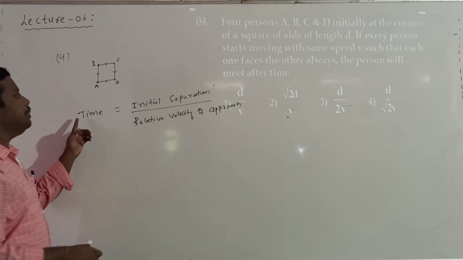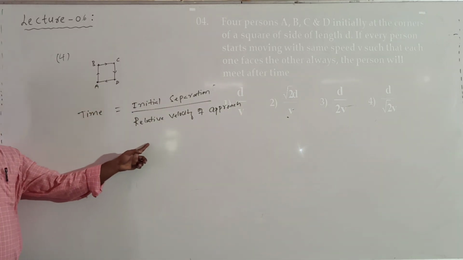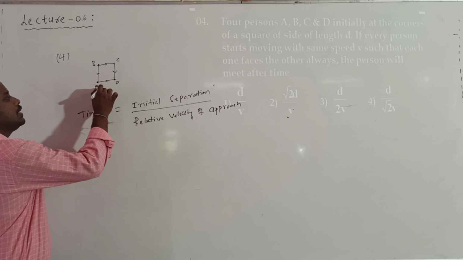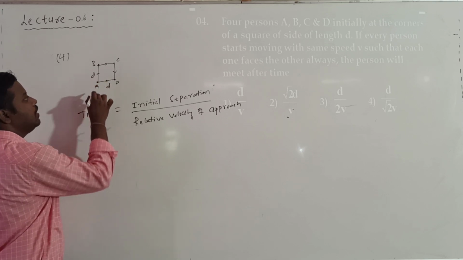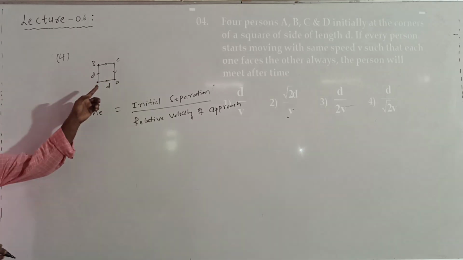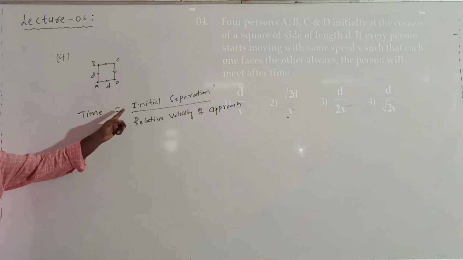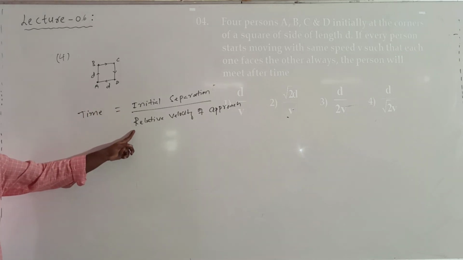Generally, time is equal to distance by velocity. The distance is the square side d, so the separation between any two persons is d. That is the initial separation.